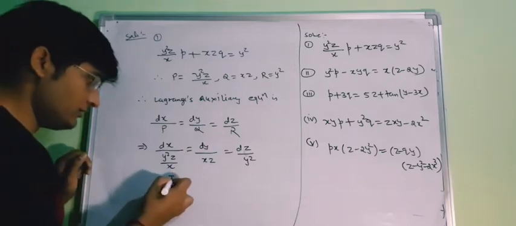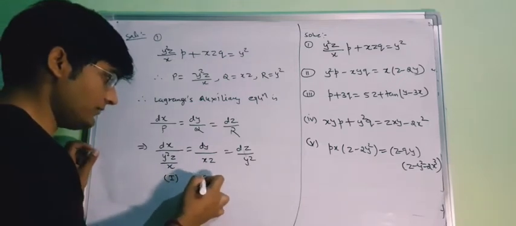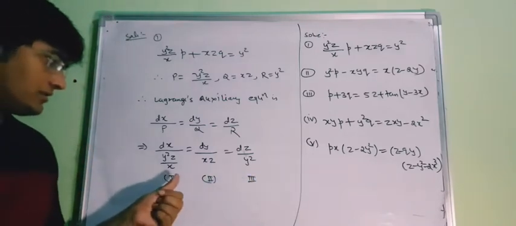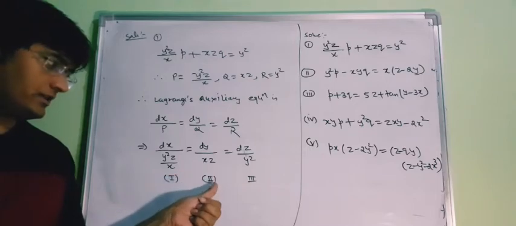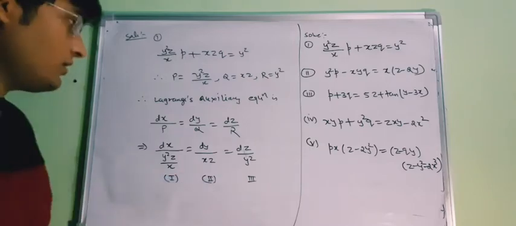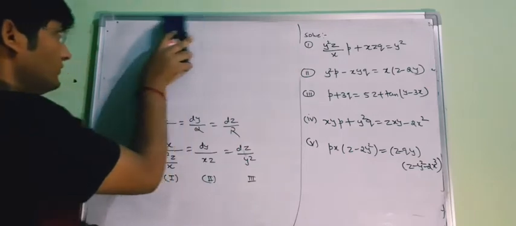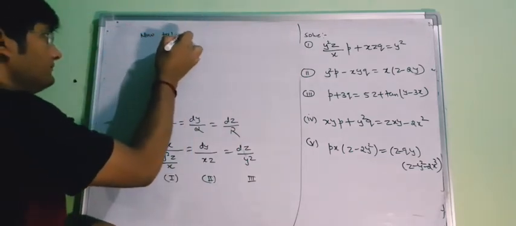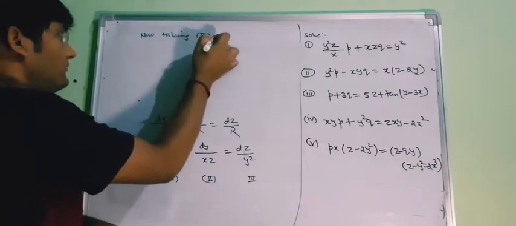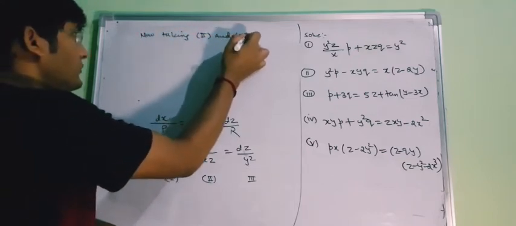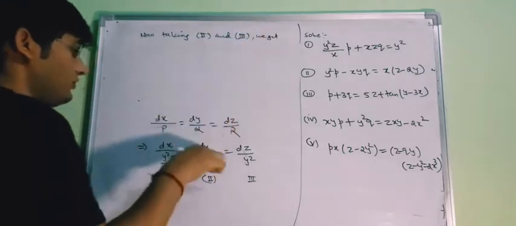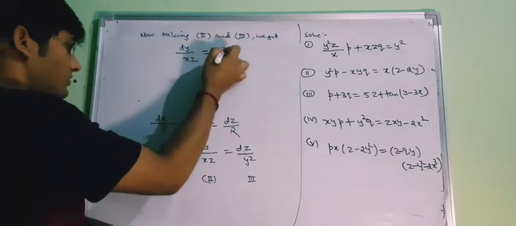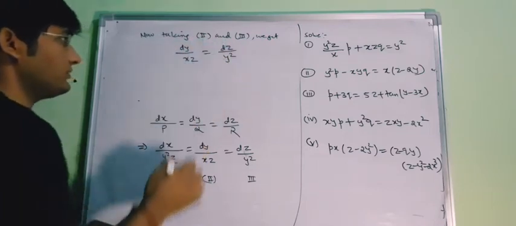Now say this is your first term, second term, and this is your third term. Now first let us take the second term and third term. Taking second and third, if we collect these two, we will get dy upon xz is equal to dz upon y square.